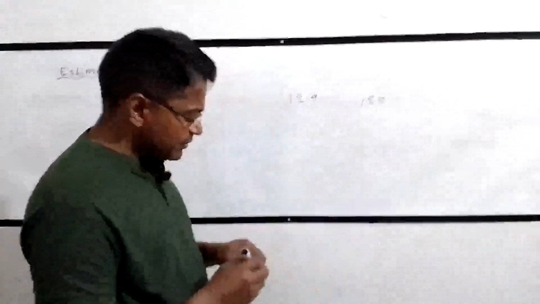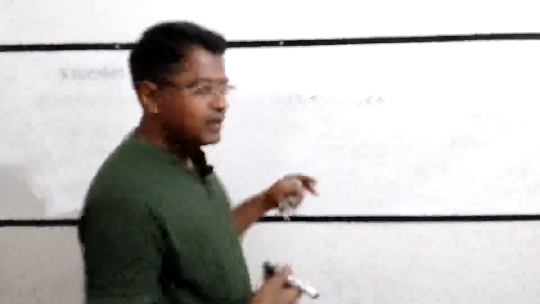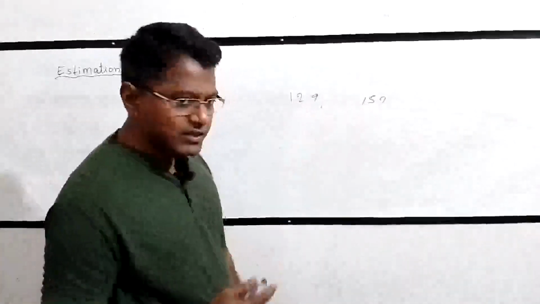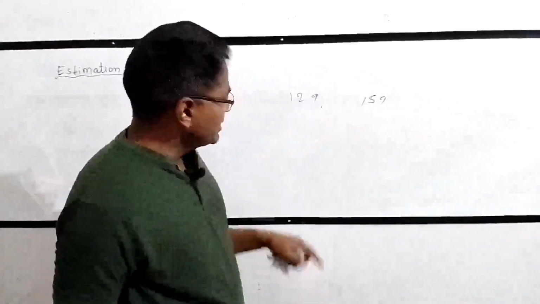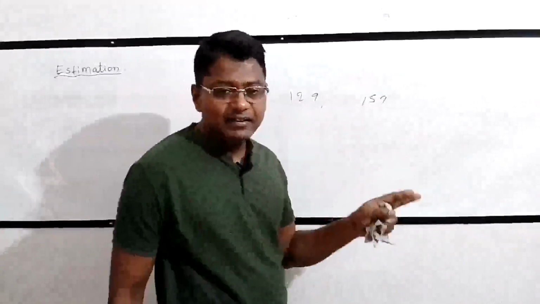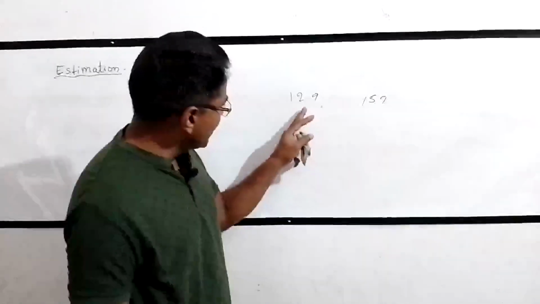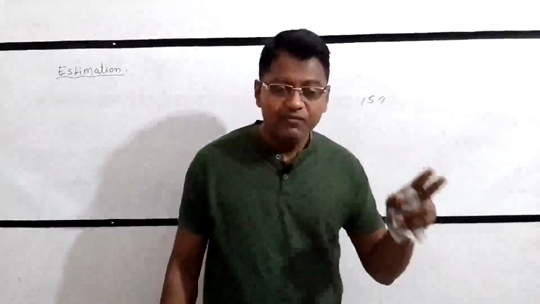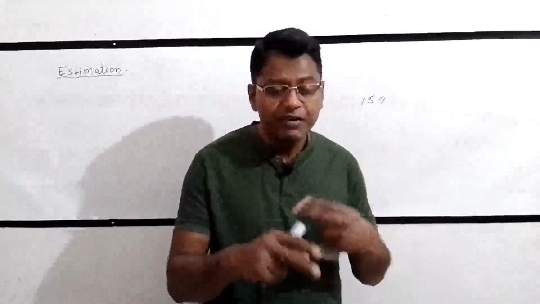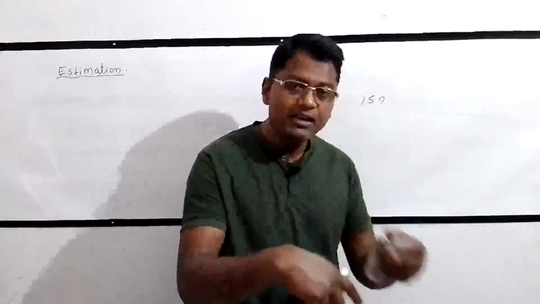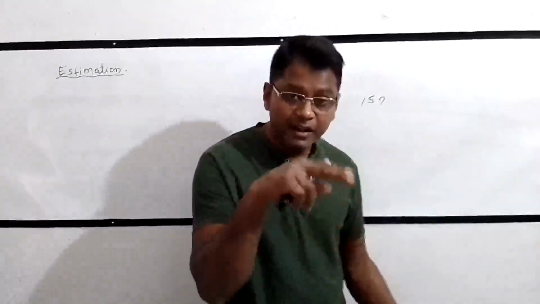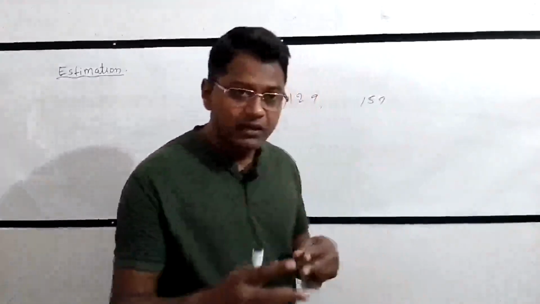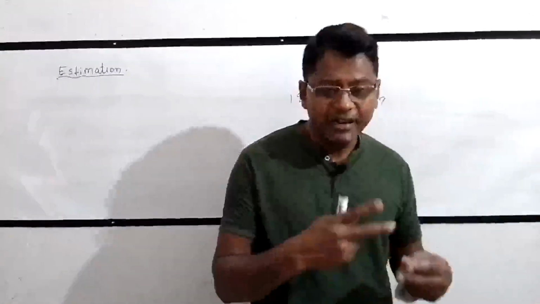If any number has 5 or more, that is 50% or more, tending towards the next round number, then you put the round off as the next number.